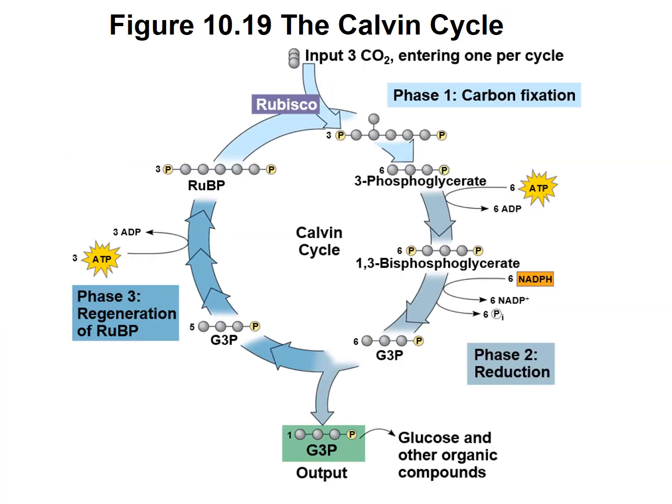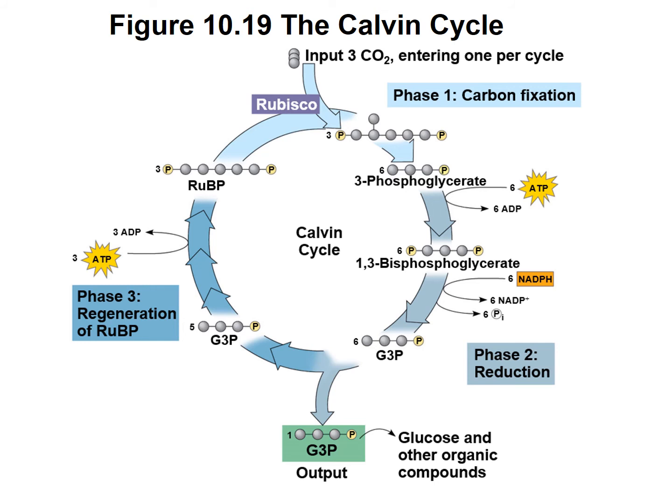So figure 10.19 shows the different steps of the Calvin cycle, and I'm going to tell you the important things that you need to know. So one, you should know that 3 carbon dioxide are going to enter for each cycle. If you look at the yellow stars, they show the ATP that is being used. On the right-hand side is 6. On the left-hand side, you see 3.